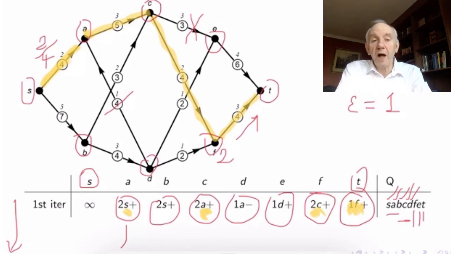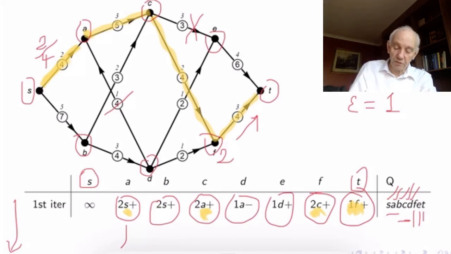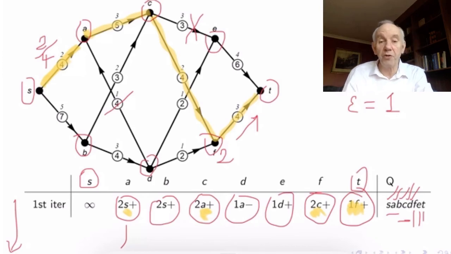Okay, so now we update the flow numbers. We change the flow numbers because we can get 1 unit more, and we use certain edges to do that. So instead of a flow of 3 from F to T, it's now a flow of 4. That means this edge is now saturated.